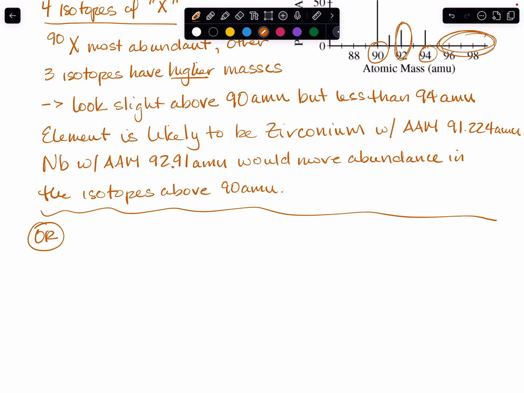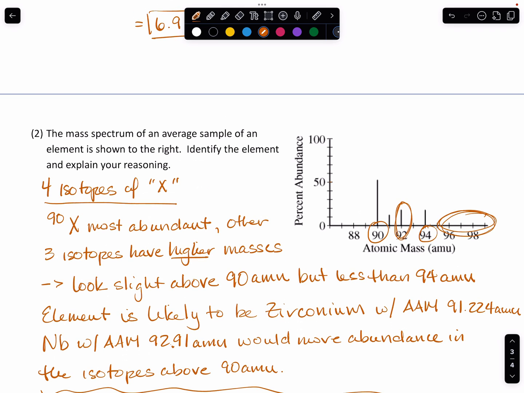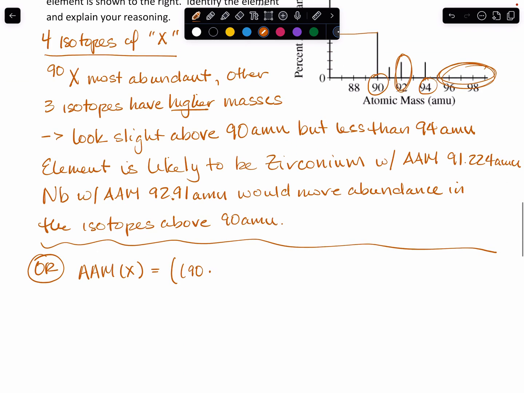Your other option, and you can use this as part of your explanation, is to calculate the average atomic mass of X. If I look at my chart, I've got a mass of 90. Now I come over, it's probably right about there, so I'm going to go with about 52%. So that's 0.52. Then I've got a mass number of 91, and I'm going to say that's probably around 12%.